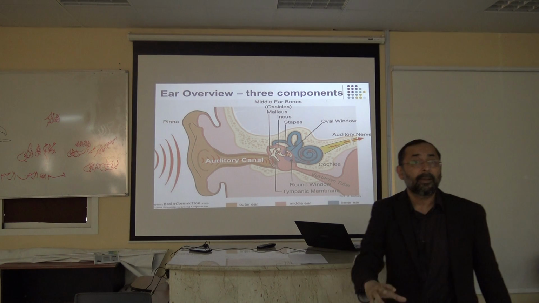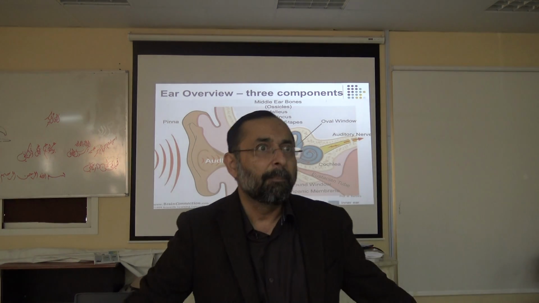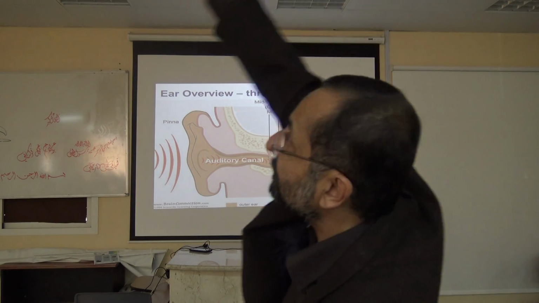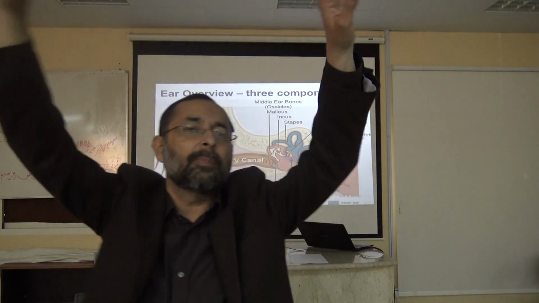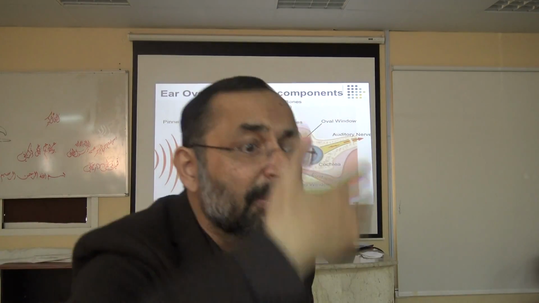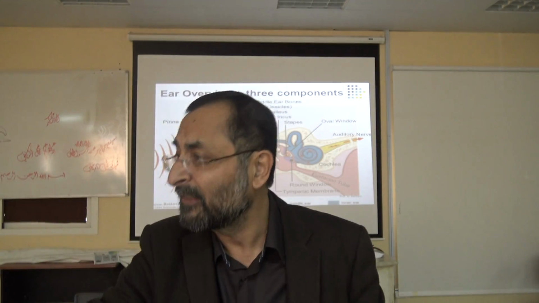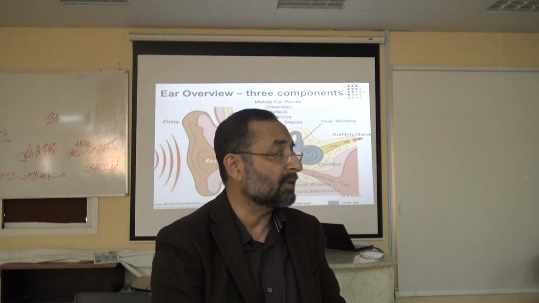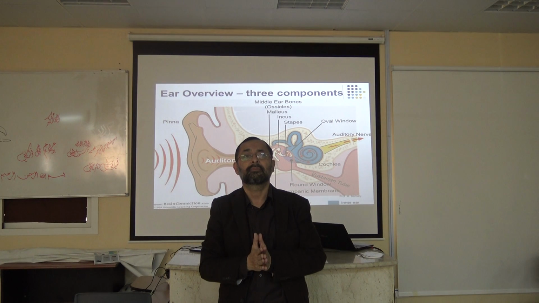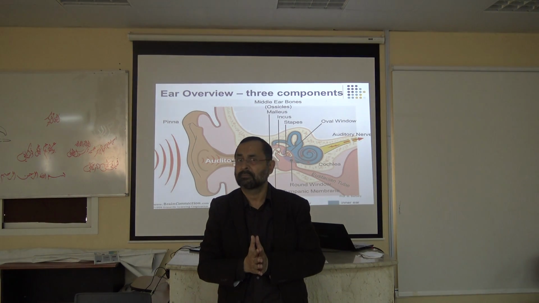This is all about the middle ear. What is the lining of the middle ear? It's all mucous membrane. Okay, the bones are there in the walls, but the mucous membrane is lining it, with the nerves and the vessels and lymphatics and everything there. And this cavity is filled with air.